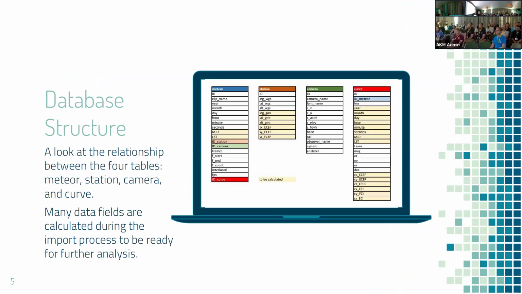The second table is the table with information about the station. Next is information about the camera, and the largest one is information about the curve. This data will be calculated, because it will be used in the next parts.